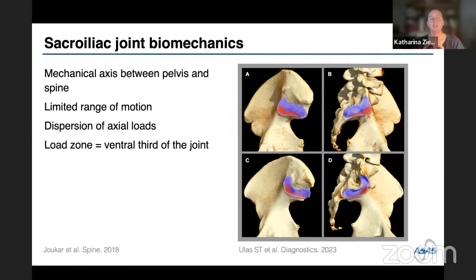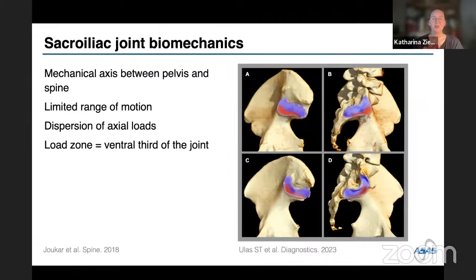So just to remind you, the sacroiliac joints are actually one of the main mechanical axes of the human body. They basically transfer the force from the lower extremities, the legs, to the lumbar spine, and they have a very limited range of motion themselves.